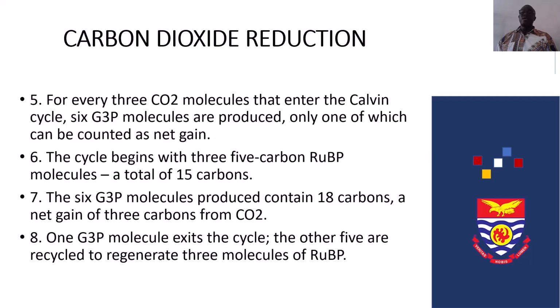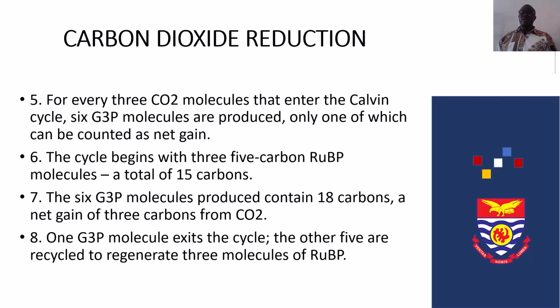So for every 3 carbon dioxide molecules that enter the Calvin cycle, 6 3-carbon molecules are produced, only one of which can be counted as net gain. The cycle begins with 3 5-carbon ribulose bisphosphate molecules, a total of 15 carbons.